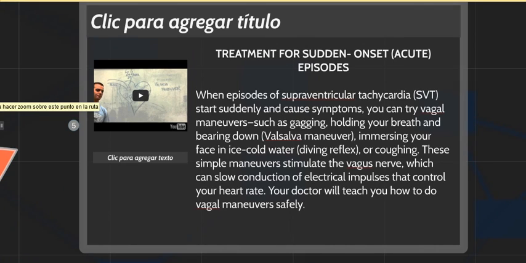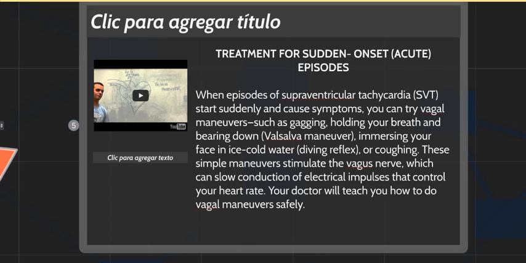Treatment. Treatment for sudden onset episodes. When episodes of supraventricular tachycardia (SVT) start suddenly and cause symptoms, you can try vagal maneuvers such as gagging, holding your breath and bearing down (the Valsalva maneuver), immersing your face in ice cold water, or coughing.